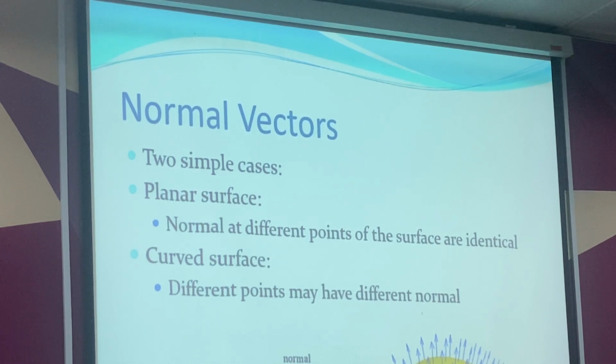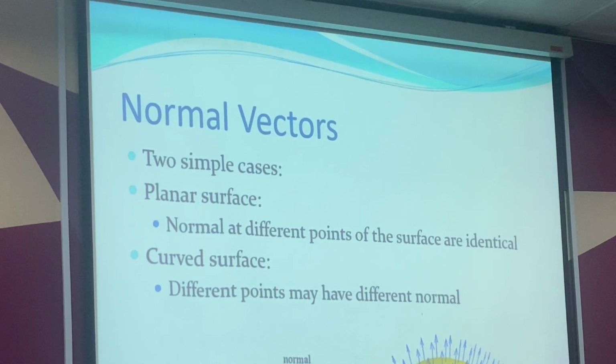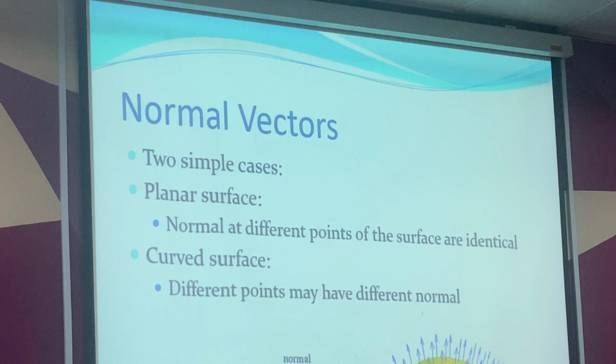If fewer normals, less calculation, but your quality is not so good. You can compare this later when we do the practical on the flat surface and on your sphere, your curved surface.